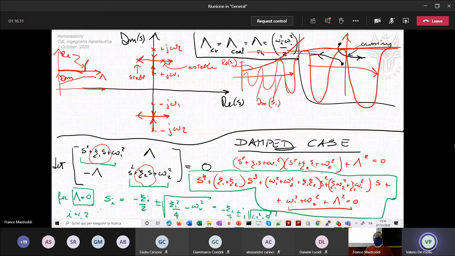What is the limit cycle? The limit cycle is an oscillation characterized by the linearly predicted unstable mode, which is limited in reality by the nonlinearity. So, crossing your stability limit, the system tries to go to higher and higher response, but the stable part disappears.